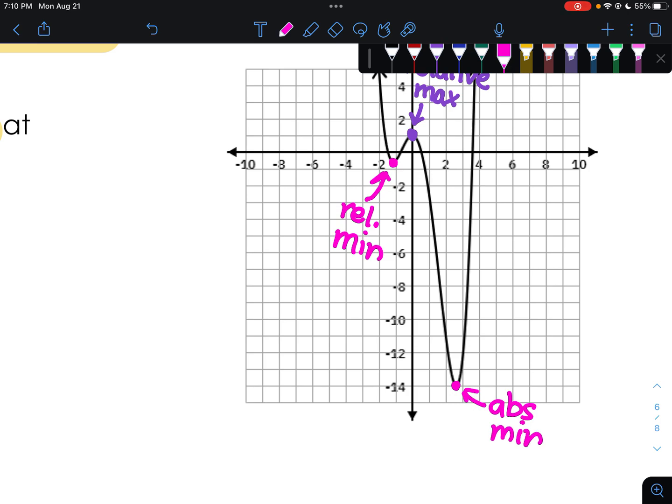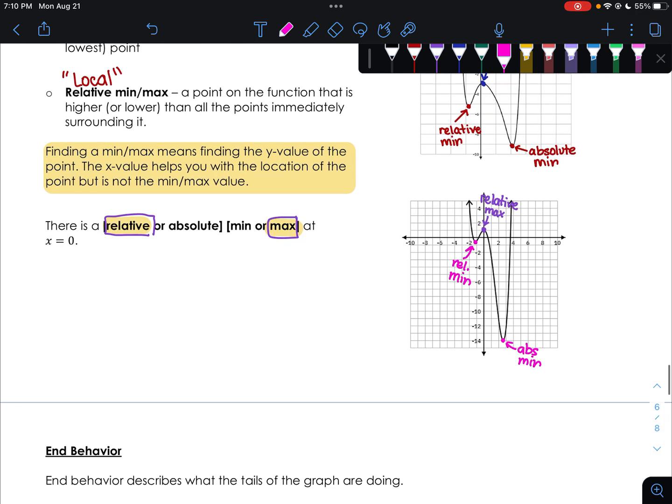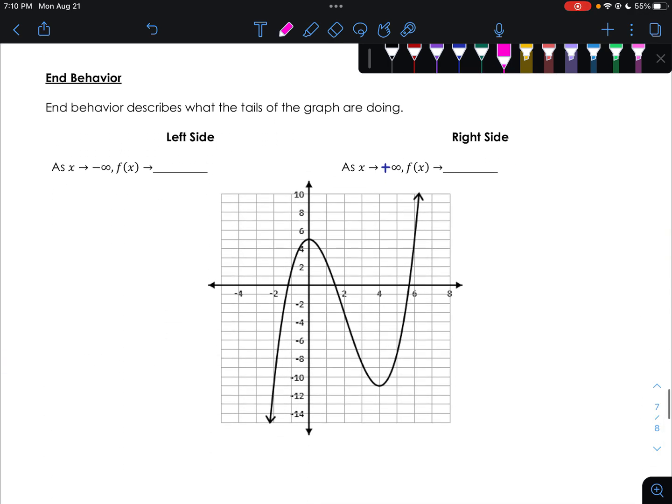Okay. The last part of this video, we're going to talk about end behavior. So end behavior is describing what happens at the ends of the graph, the tails of the graph. So we have a left side end behavior, and then we have the right side end behavior. So the left side end behavior is as x approaches negative infinity.